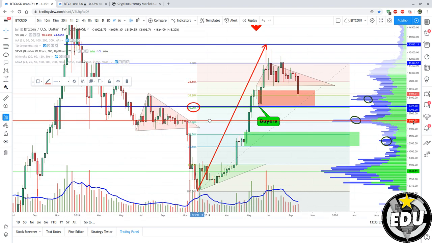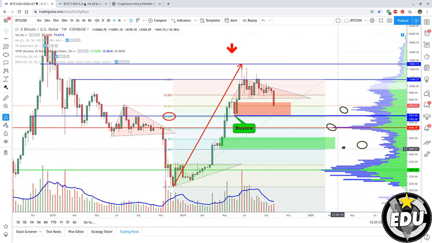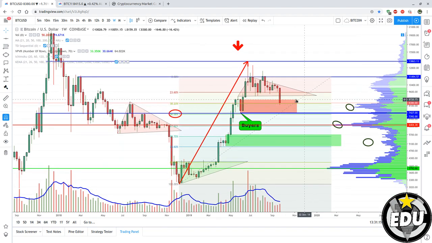If that's not a strong support, I don't know what is. So that support is extremely powerful, and yes, we could go to 6.4 if 7.4 doesn't hold. Right now we stopped at around 8.3 because there was also another high volume node here. So that's another thing to add to our analysis.